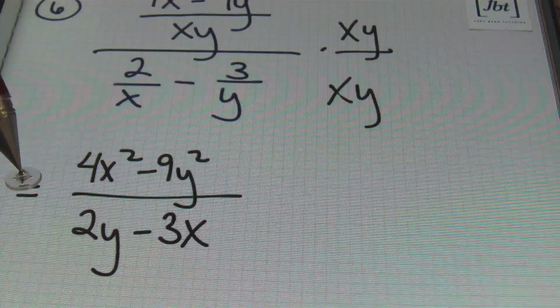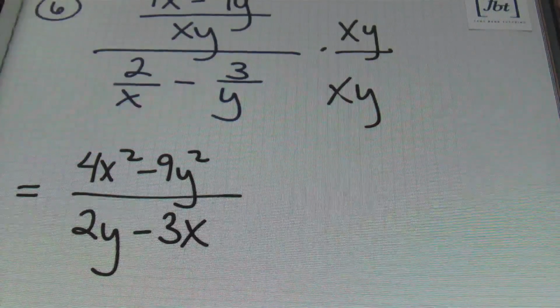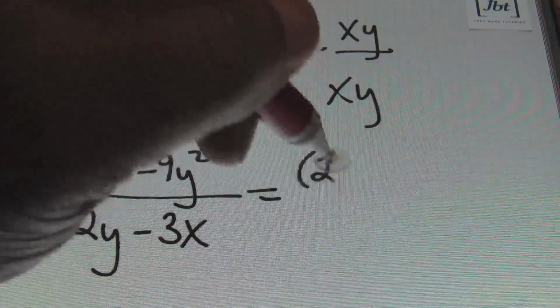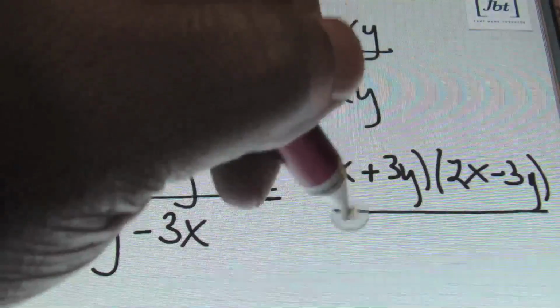What you can check out from this point, ladies and gentlemen, is to see if you can simplify any further. So we know that the numerator is a difference of two squares, so you end up with 2x plus 3y times 2x minus 3y. All of this would be over 2y minus 3x.